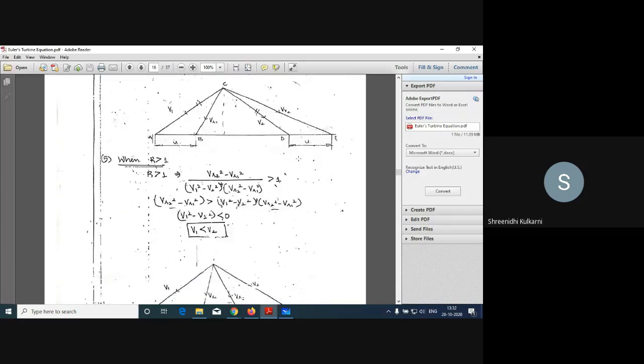Next, when R is greater than 1, what conditions will we get? A degree of reaction greater than 100% is a condition that does not actually occur, but anyway we have to show it.